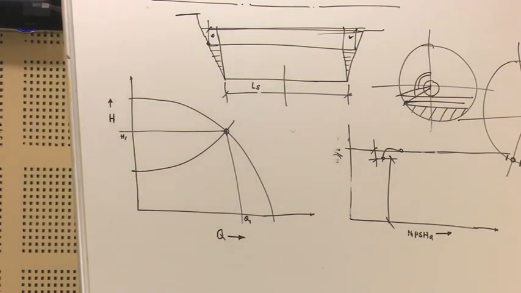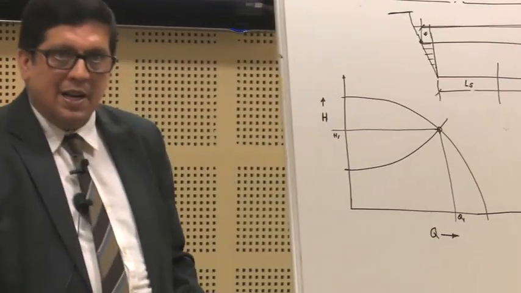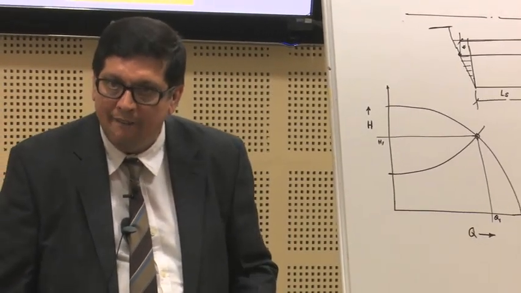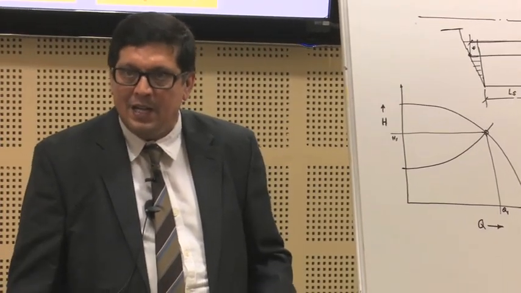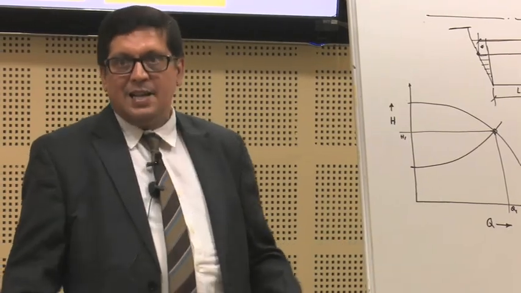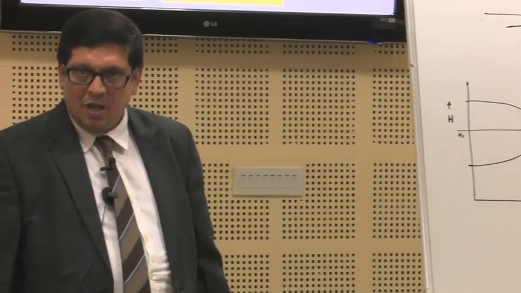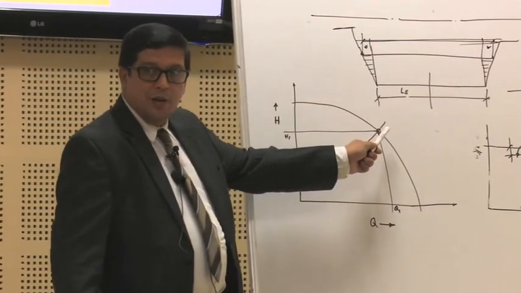Now, when you are specifying the head to the vendor, the head that you have calculated, you add a certain margin. Let us say 10% margin you have added for the head, and maybe 5% for the volume. That is the design safety factor you have added. So, against that he has selected and his operating point is here.